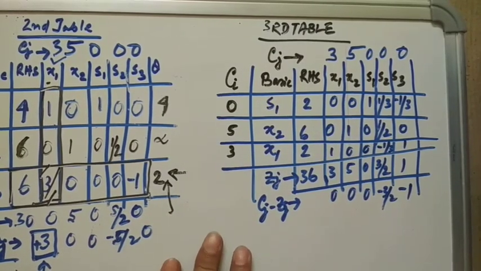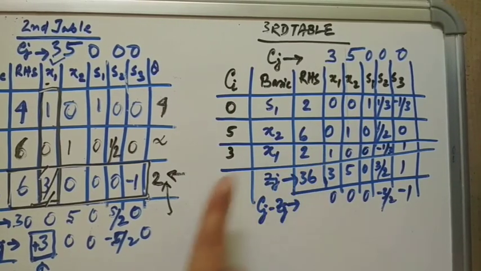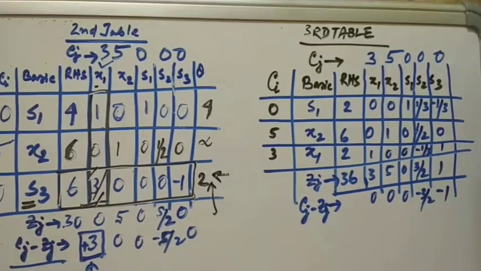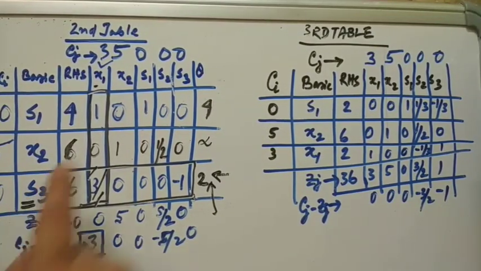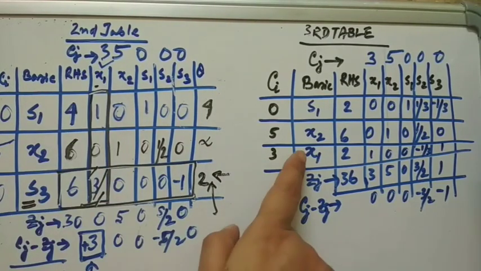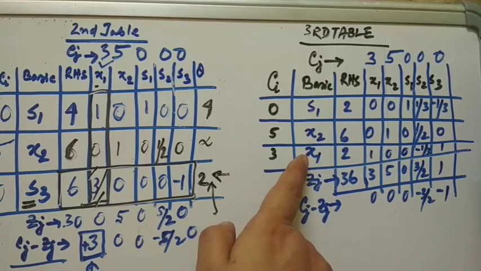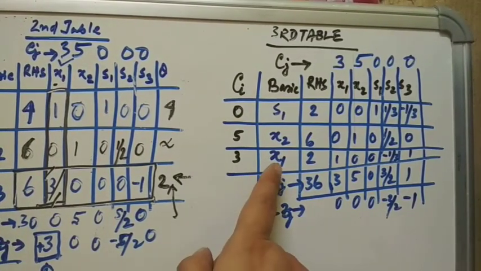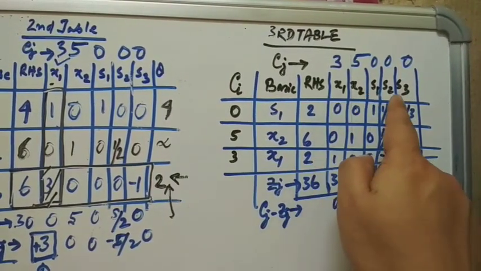Okay. So after constructing the third table, that is the third iteration, using the same formula for this particular row, this was the leaving variable, and this was the entering variable. So I have written it over here. Look, S1 remains same, X2 S1, and it was leaving, so X1 entering variable, and this one also remains the same, X1 X2 S1 S2 S3.